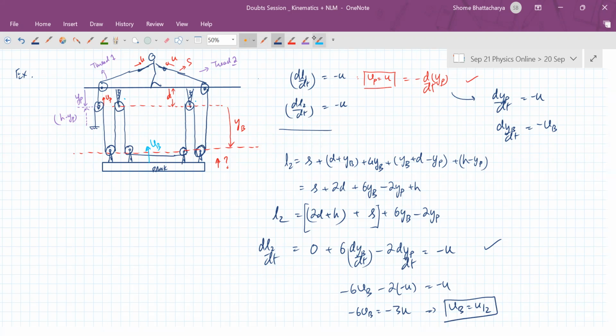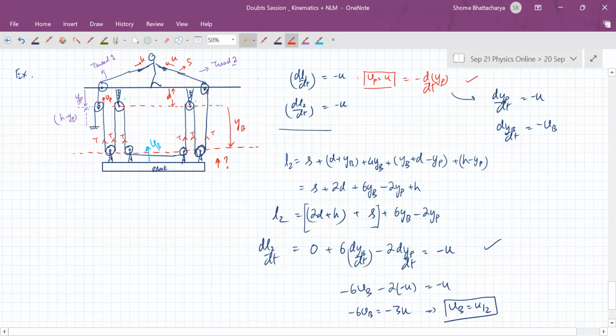Sir, is this the answer? This should be the answer. Let me just verify it once. Actually, sir, we don't have any such option in the question. But there's a none of these correct option, right? Just a second.